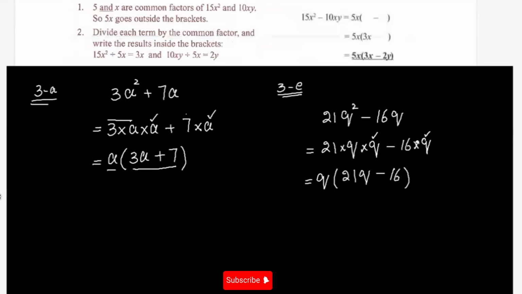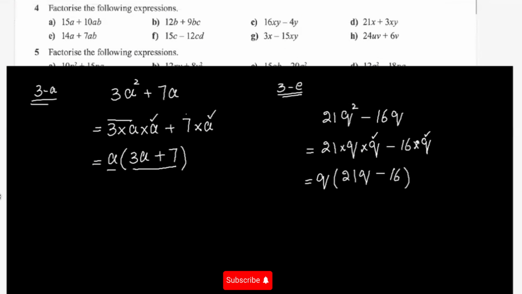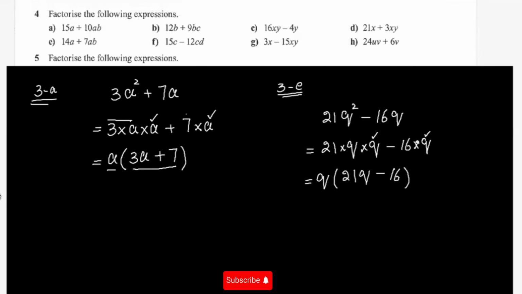Before solving some questions, let's try one more different type of question. Here we have question 4a. In 4a, we have two terms again in this algebraic expression, which are 15a plus 10ab.